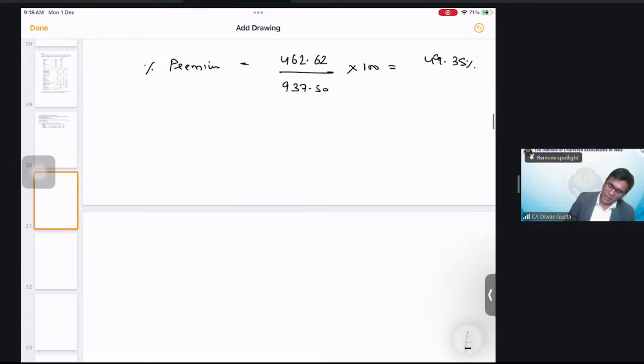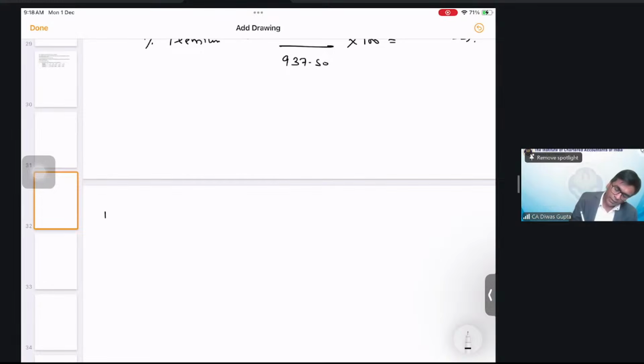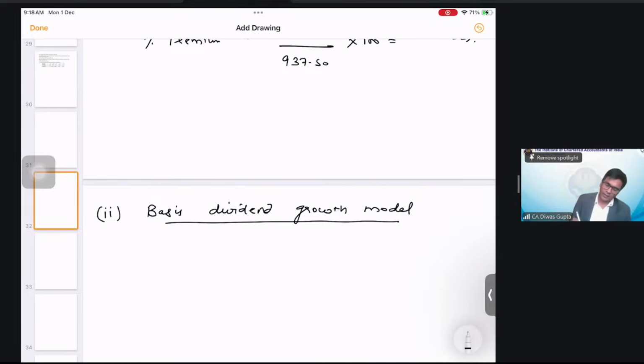Similarly, we have the second part, the basis of the dividend growth model. So the dividend growth model states that the market price per share is equal to the dividend to be paid after 1 year divided by cost of equity minus growth.